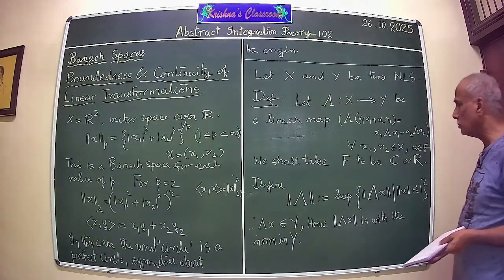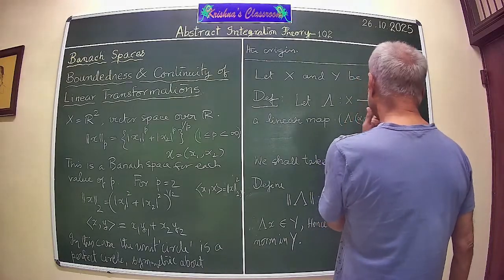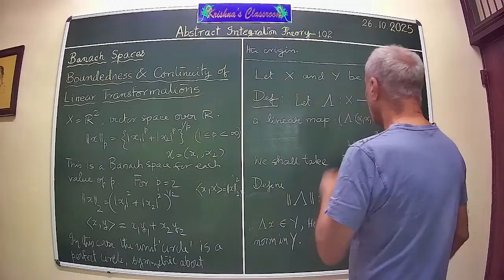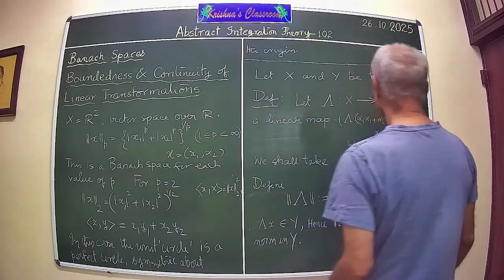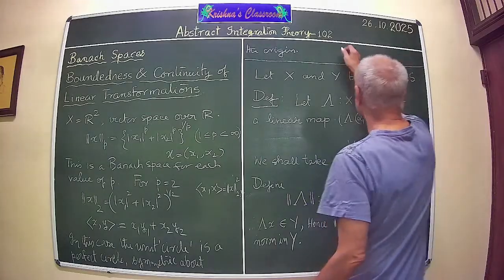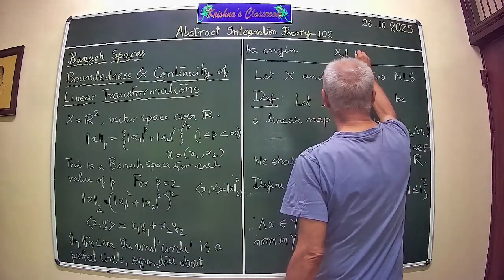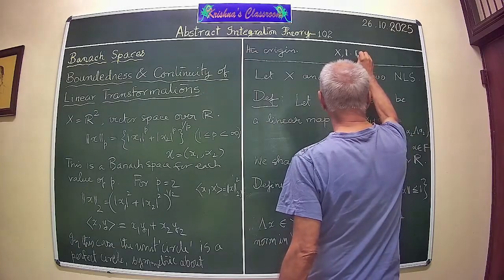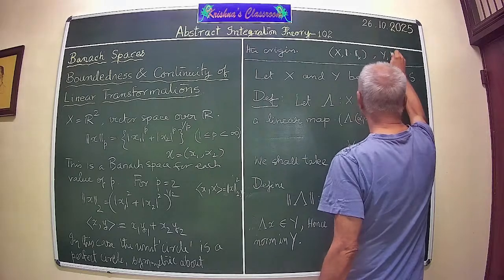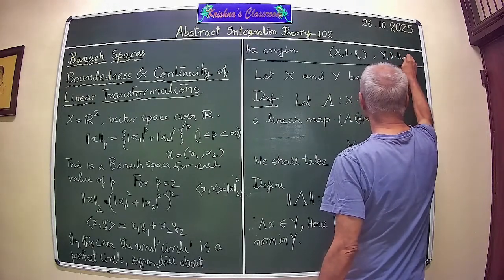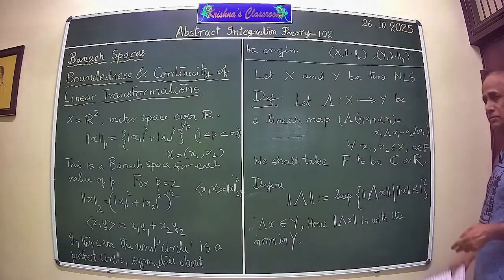So if you want to make this explicit, you can do one thing. You take X with norm of X, and Y with norm of Y, distinguished by which we mean that the definitions of these two could be quite different.